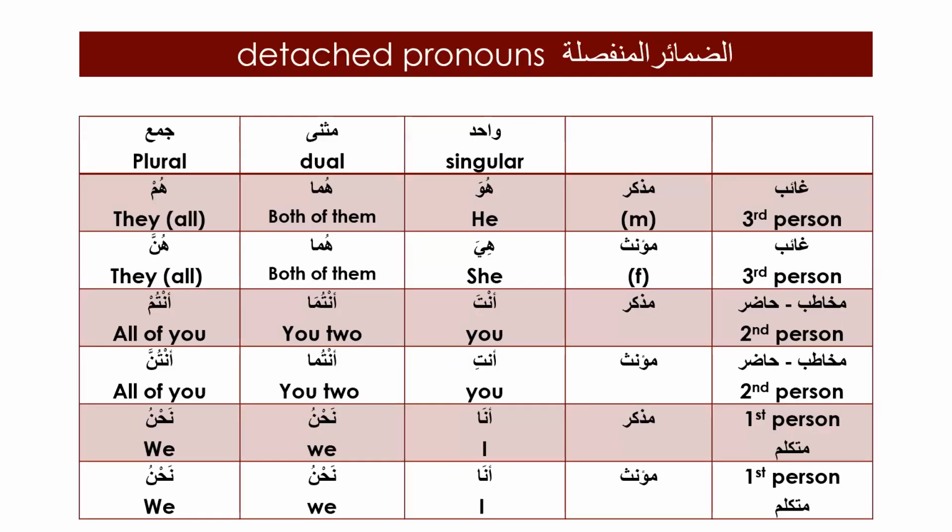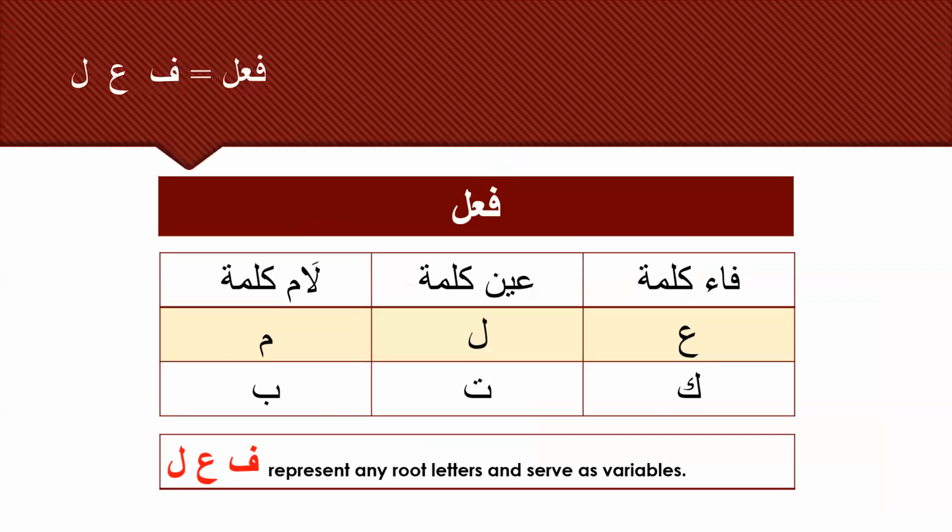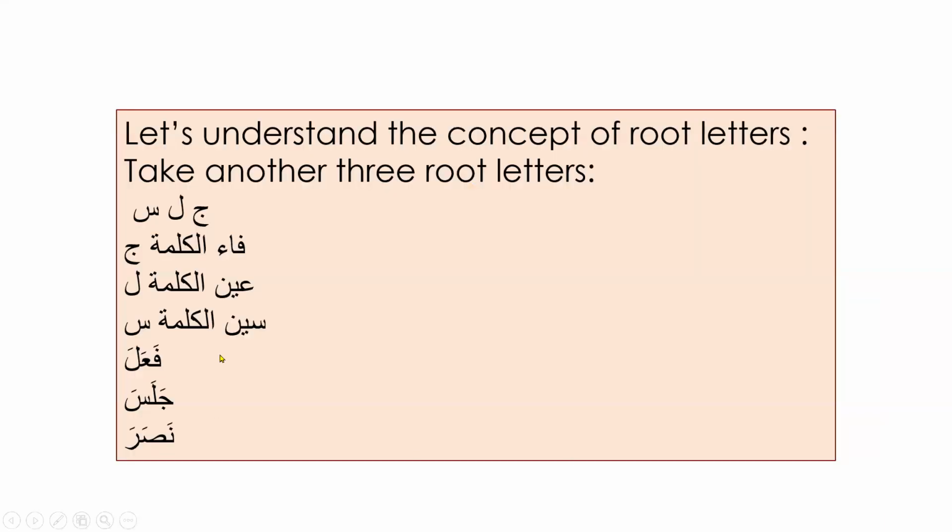See here, now this pronoun chart we are going to apply on family one. Just look at this here. First, take these examples to start with. I told you that we have three kalimas, the default kalimas, fa, ain and lam. Then this jeem, lam, and seen, we are replacing them with fa, ain and lam.